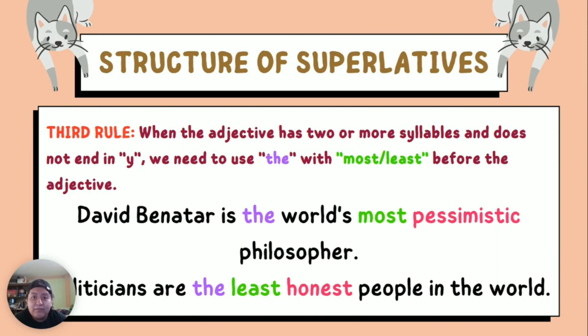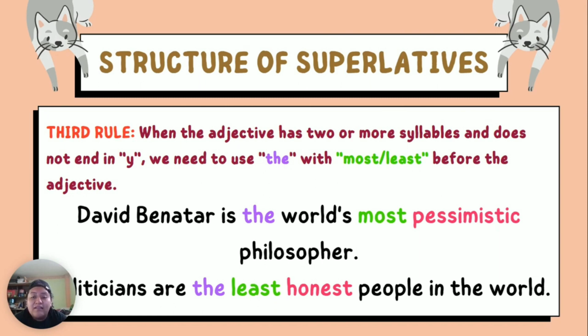For example, David Benatar is the world's most pessimistic philosopher. The adjective is pessimistic. We need to use the with most. The most pessimistic. Next example.